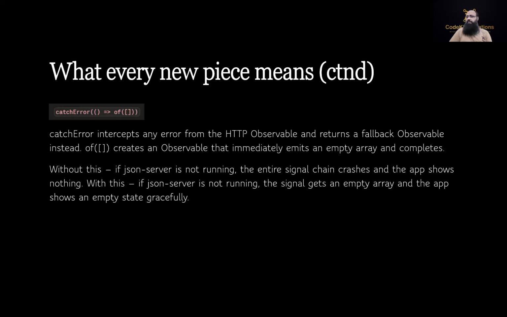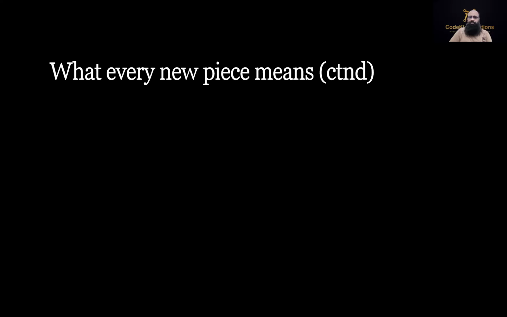If the JSON server is not running, the whole signal chain is going to crash, because toSignal requires an observable, and if we don't return anything, it's going to crash and the app is going to show nothing. So this is the reason we are doing it, and at least the app will gracefully show an empty state.